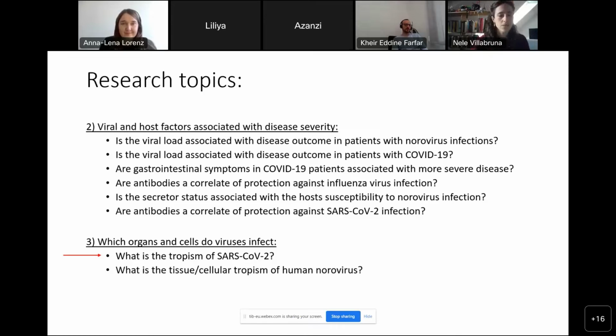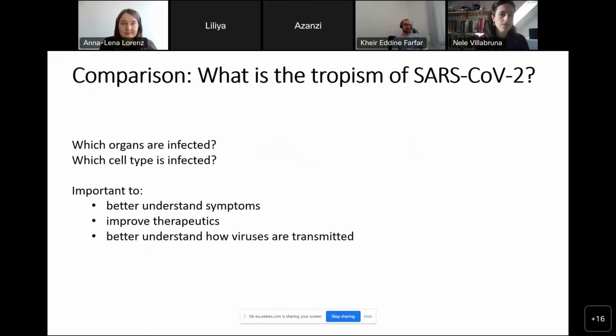This is the tropism of SARS coronavirus 2 comparison. Here I looked at papers that focus on which organs in humans are infected by this virus, and more specifically which cell type. And this is important information for several reasons. One is to better understand the symptoms.